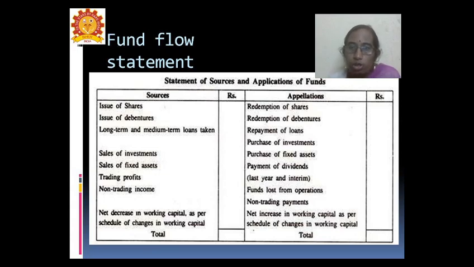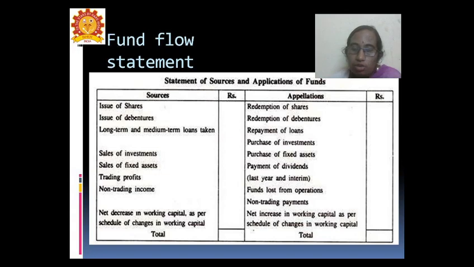In the sources, the incomes for the business have to be noted down, and in the applications, the payments that are to be made will be recorded. This is the format for making the fund flow statement.